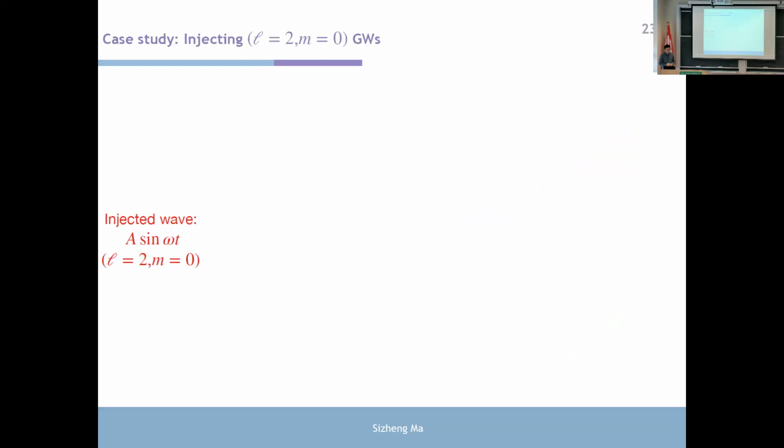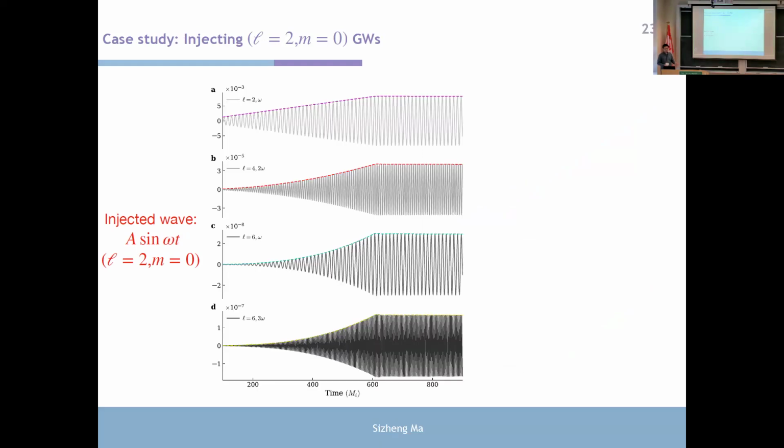All right, so now let's take a look at the response on the apparent horizon. In this setup, we set this gravitational wave to be a monochromatic wave with a 2-0 angular pattern. This wave can trigger a bunch of responses on the apparent horizon.